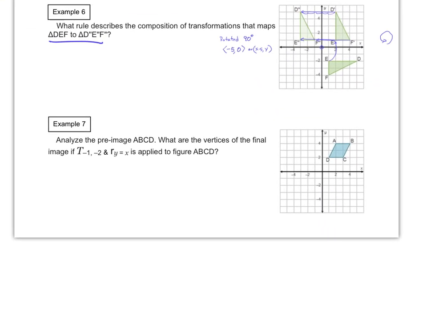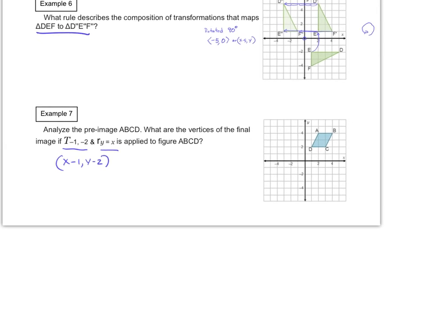And then analyzing this pre-image in example 7, what are the vertices of the final image if we did that and we did that? So first of all, this is (x - 1, y - 2). That's my first translation. And then we are going to reflect over that line.